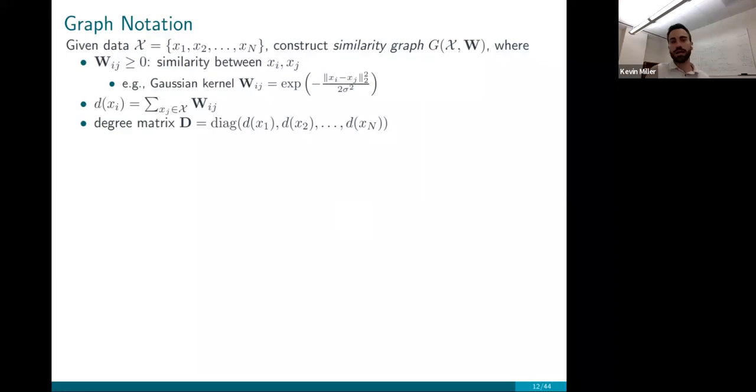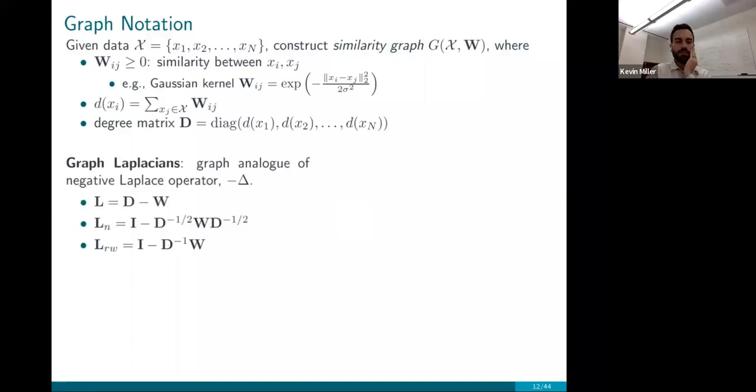These edge weights will be non-negative: 0 corresponds to inputs that are not similar, and a large positive weight represents inputs that are quite similar to each other. Then we can define the degree of a node x_i to be the sum of the edge weights connecting to x_i, and the degree matrix would then be the diagonal matrix with the degrees along the diagonal.